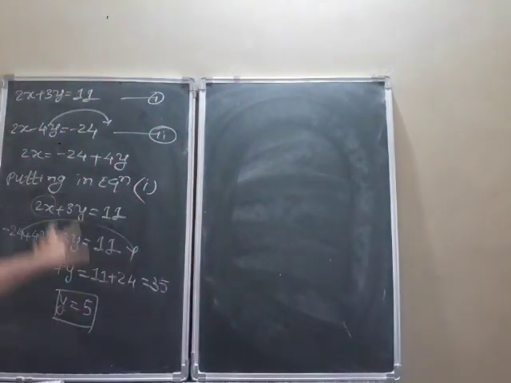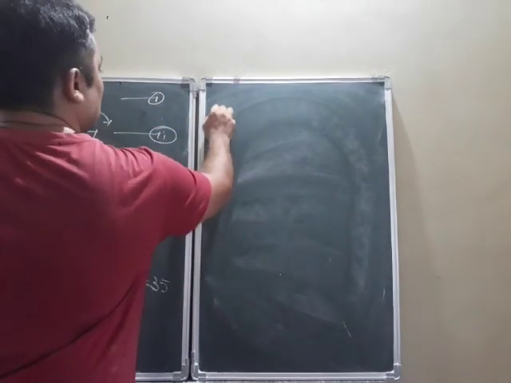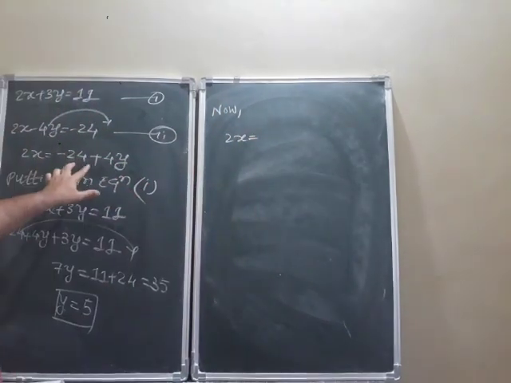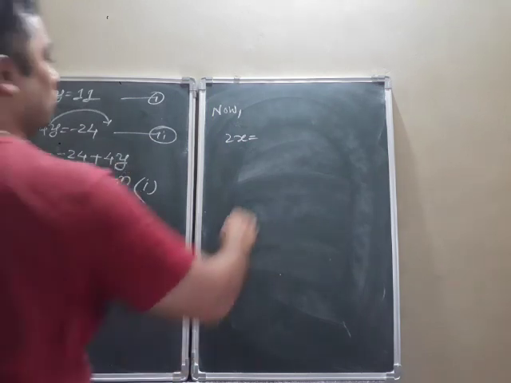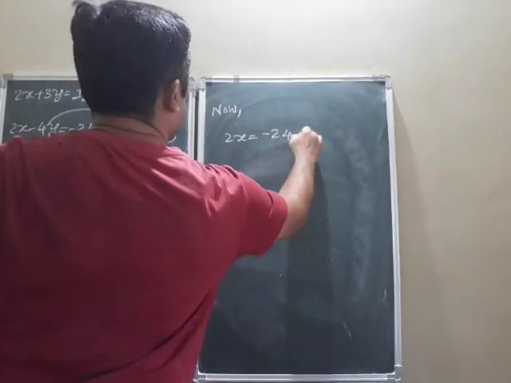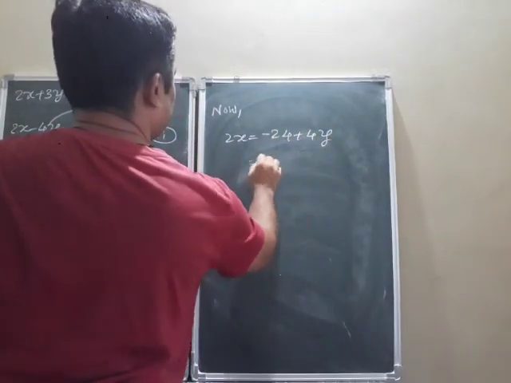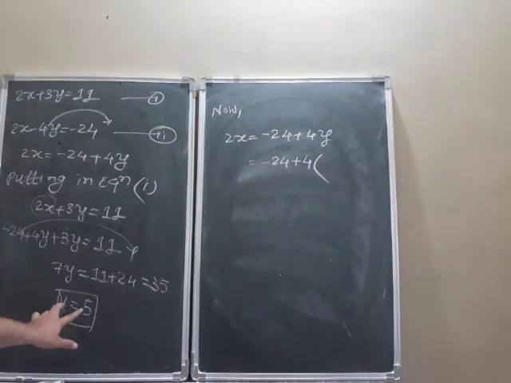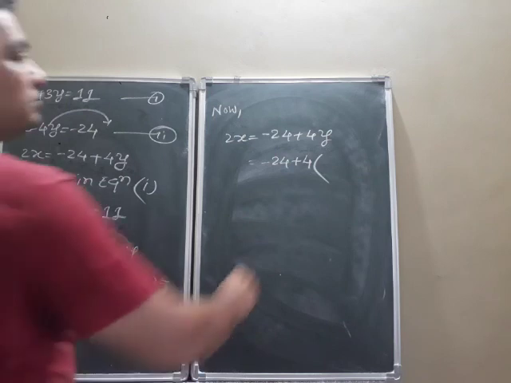Here y is equal to 5. Now 2x is equal to minus 24 plus 4y, which is minus 24 plus 4 times y. See, what is the value of y? y is 5. Clear? So y, 5, I am substituting here.